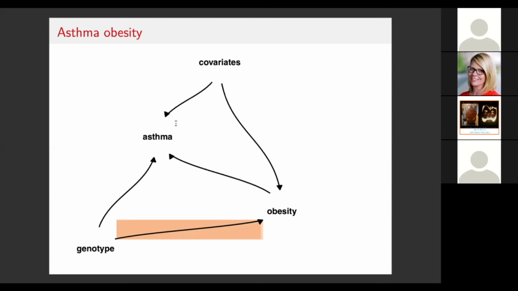And so even if this arrow wasn't there, there would be an apparent association between genotype and obesity.